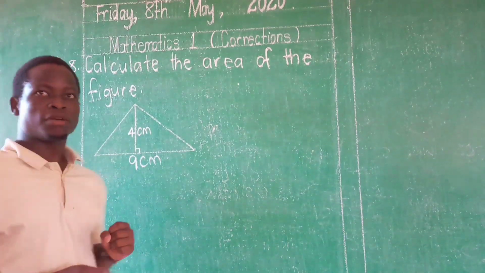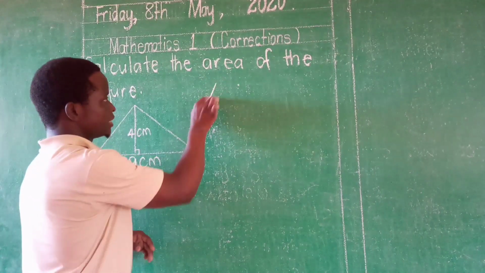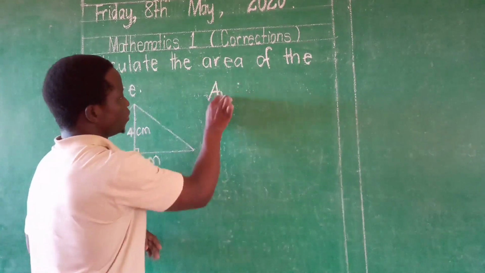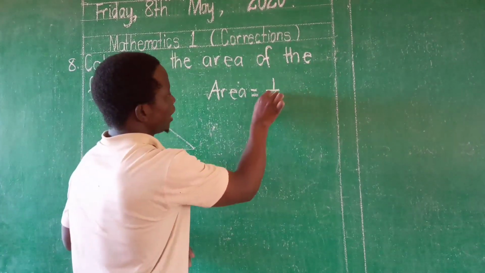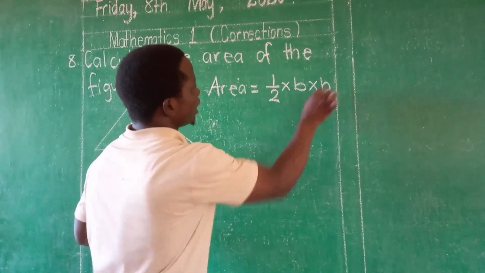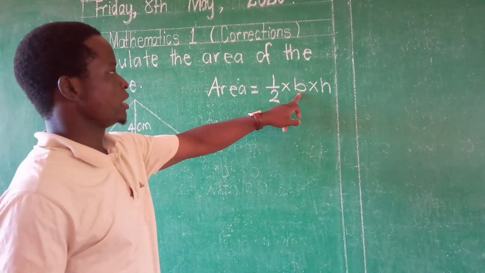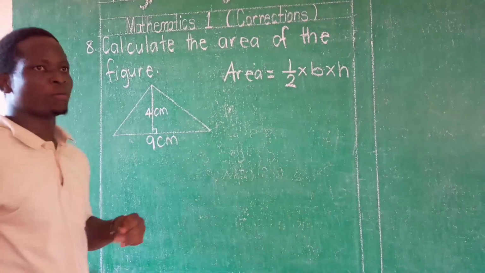Now, what's the formula for finding the area of a triangle? You remember that the area of a triangle is equal to a half times base times height. B stands for base, the base of this triangle, and H stands for the height of this triangle.